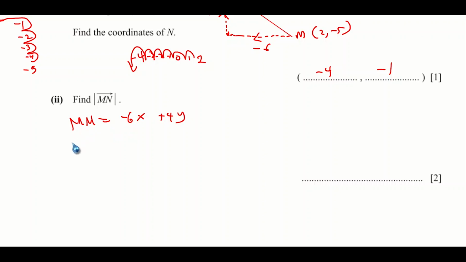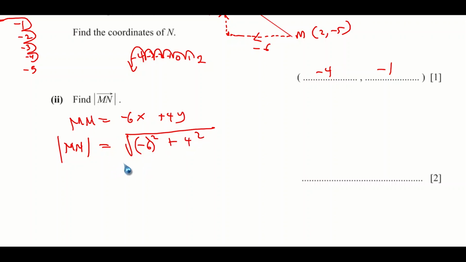So the magnitude will be equal to the square root of minus 6 squared, the whole of this, so you need to be very careful, then squared, plus 4 squared.